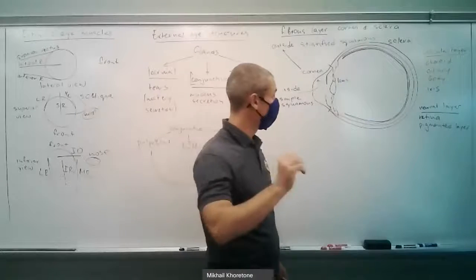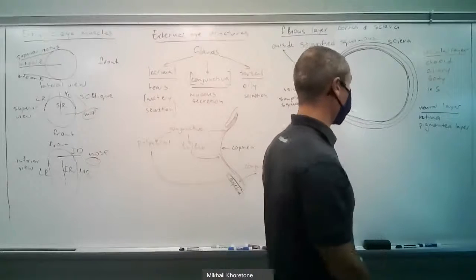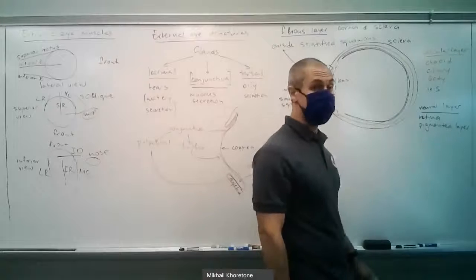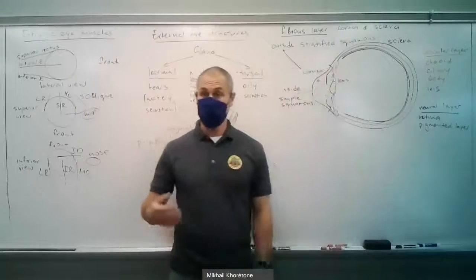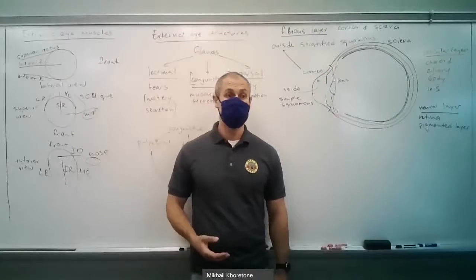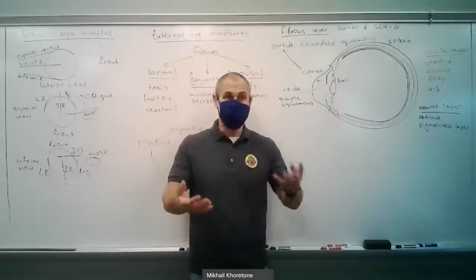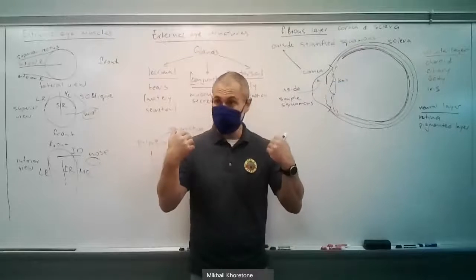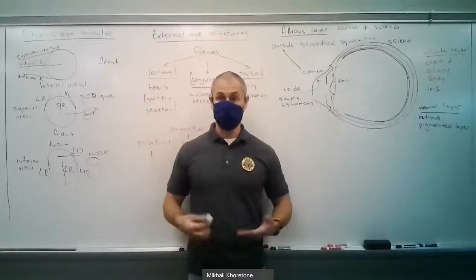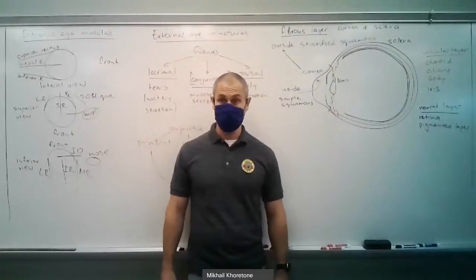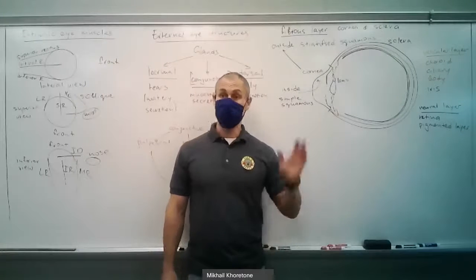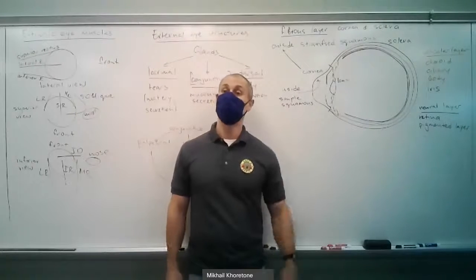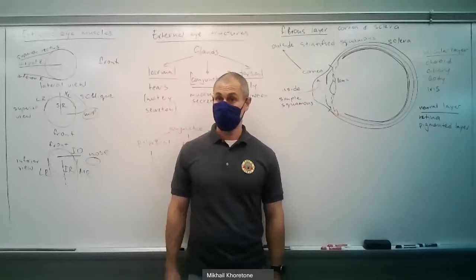Finally, the neural layer consists of the retina and pigmented layer. The retina contains photoreceptor cells that convert the light coming into the eye into nerve impulses, and that's how we see. Anatomically, does that story so far make sense?